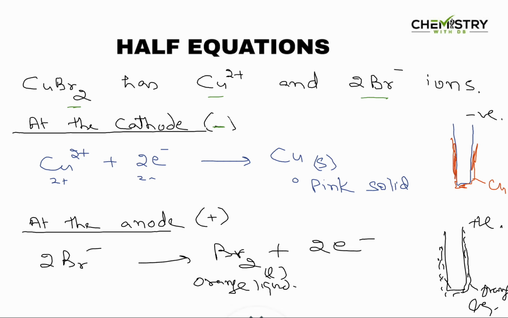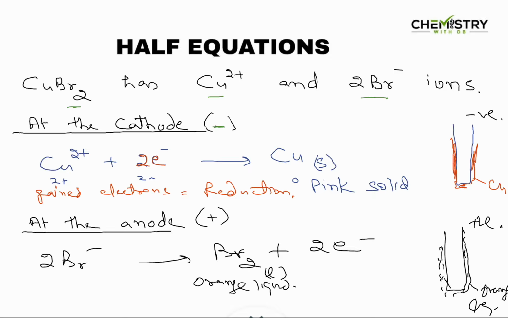And if you have to explain these half equations in terms of oxidation and reduction, then you would know that Cu2+ ions have gained these 2 electrons. Therefore, it is reduction.